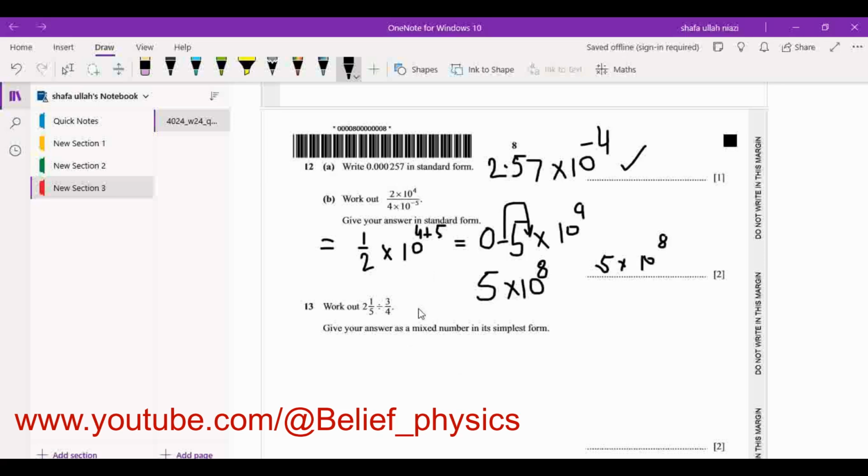Give your answer as a mixed number. Next, we have two fractions and we have to solve them. It is a division of fractions. First we have to convert this mixed fraction into an improper fraction. 5 twos are 10, 10 plus 1 is 11, so it will be 11 over 5.